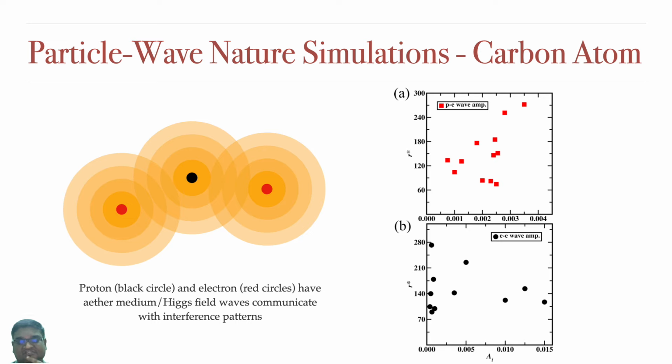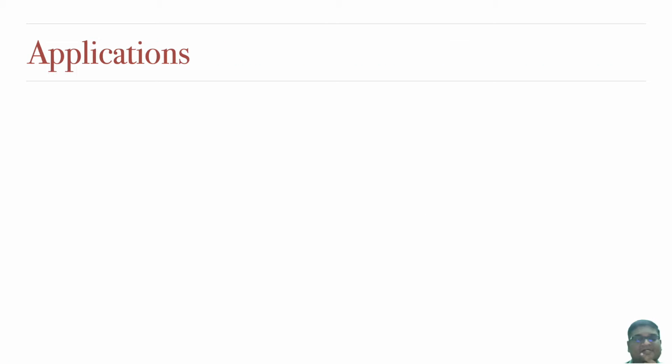In future studies, we can model this, and we can get a trend and also an analysis based on this wave amplitude and wavelength of these waves. Okay, so now we conclude the session, and before concluding this study, let's see the applications of this approach.